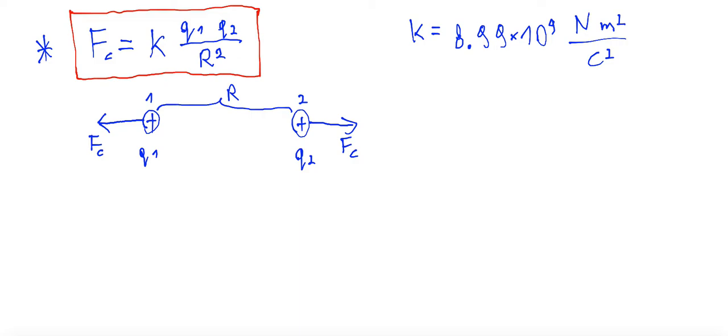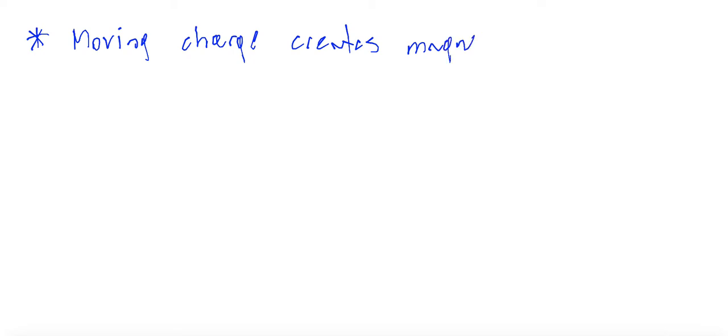Okay, second, you have to remember from your middle school the fact that each moving charge creates a magnetic field around it. So a moving charge creates a magnetic field around. Let's imagine that you have a charge which moves along a vertical line.